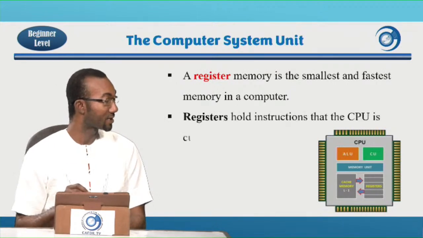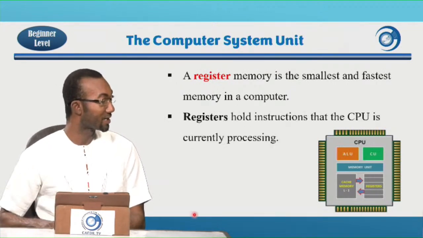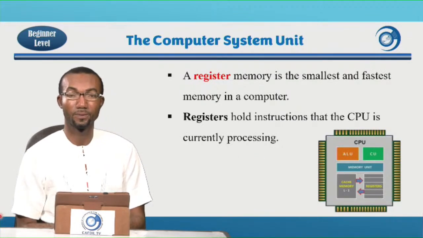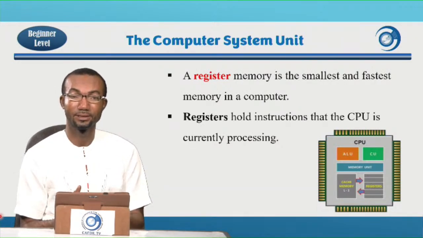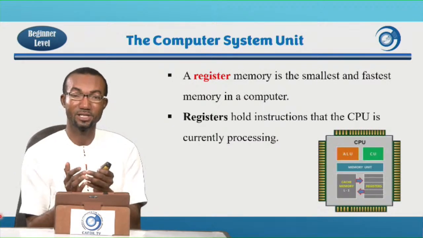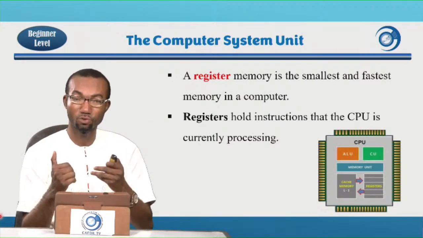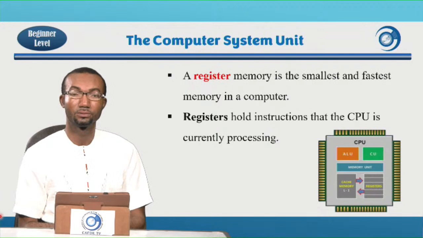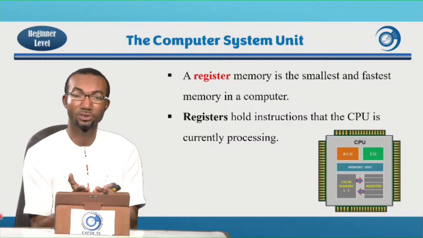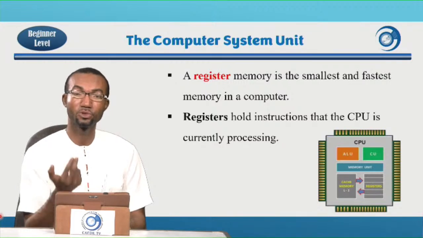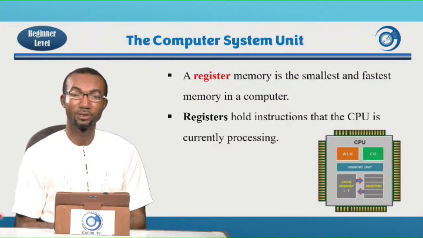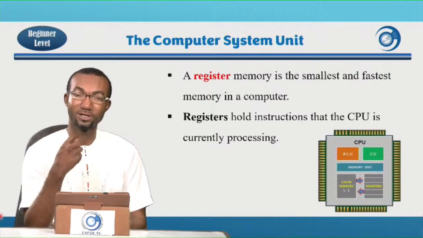Why? Because the registers hold instructions that the CPU is currently processing. So when the processor is handling any data, that data must be stored somewhere for the processor to operate on. And that place is called the registers. I gave this example: when you put food in your mouth, that must be chewed before you can swallow.